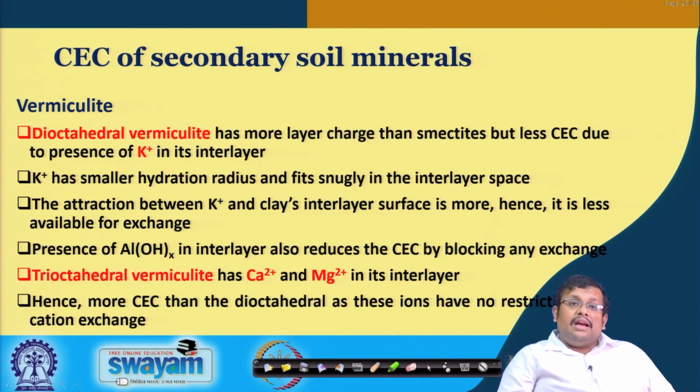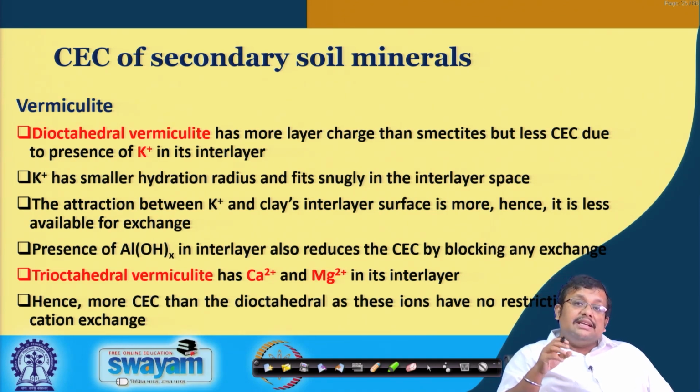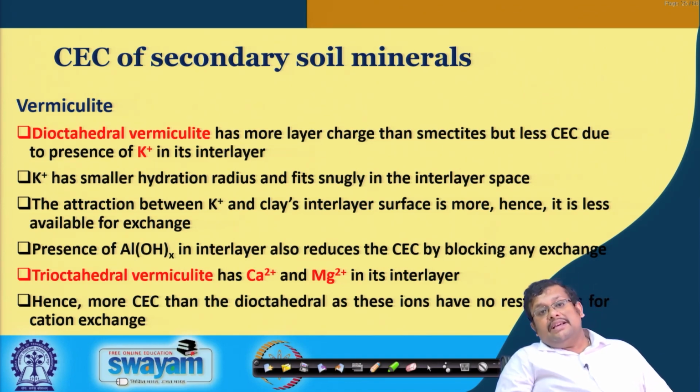In the case of dioctahedral vermiculite, it has more layer charge than smectite, but less cation capacity due to the presence of potassium ions in its interlayer. Remember that potassium has a smaller hydration radius and fits snugly into the interlayer space. The attraction between K plus and the clay's interlayer surface is strong, hence it is less available for exchange.